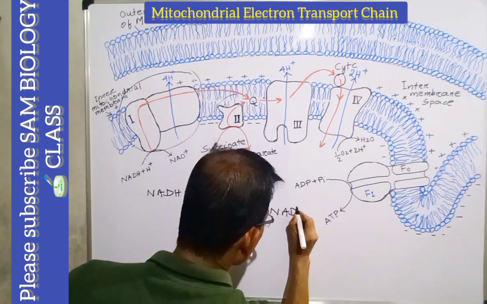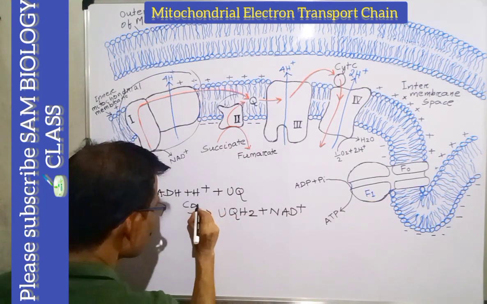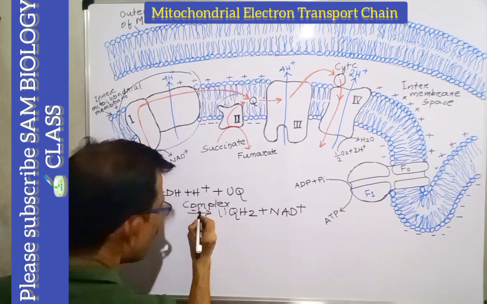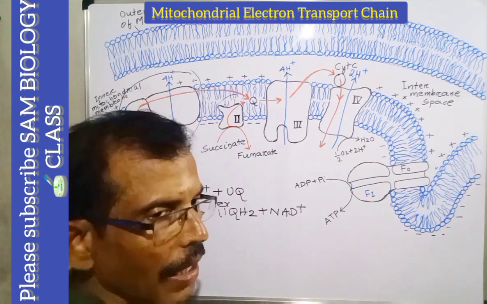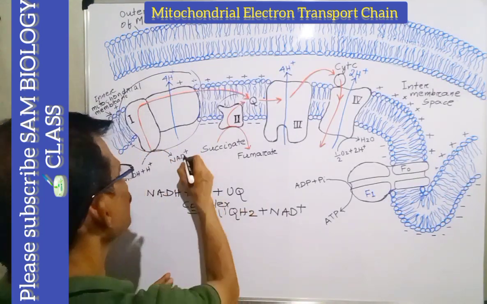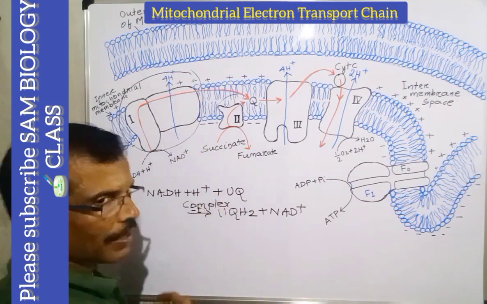So this is the function of complex 1. And the other process is the endergonic transfer of 4 protons from matrix to the intermembrane space.